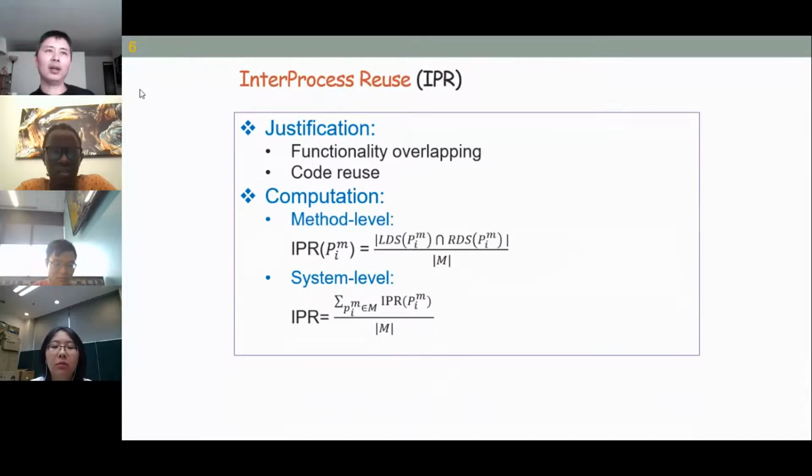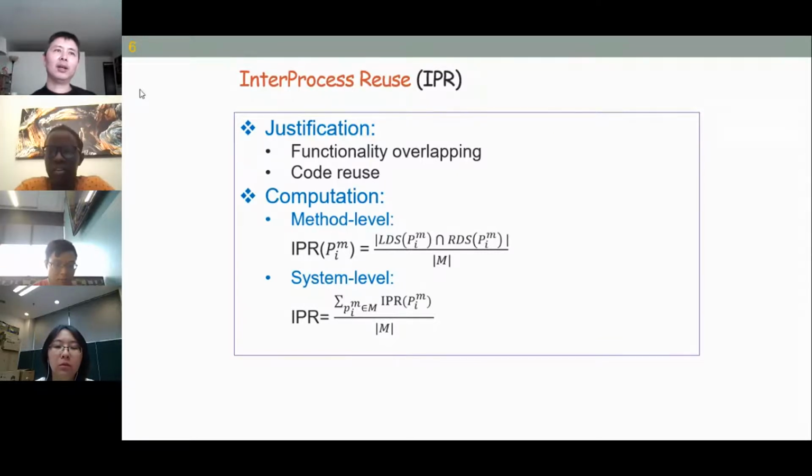The IPR, inter-process reuse. The idea is to quantify functional overlapping and code reuse in terms of IPC coupling. I define and compute IPR at the method level and system level.